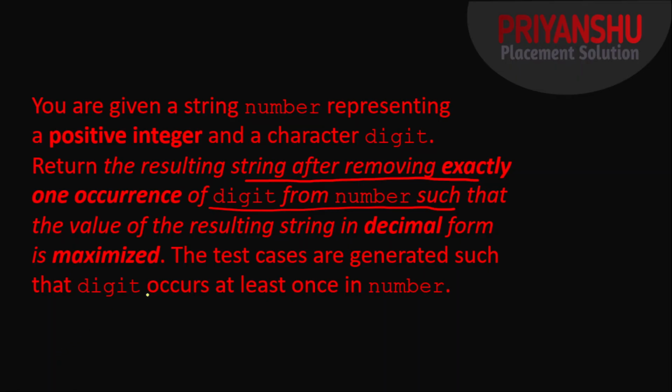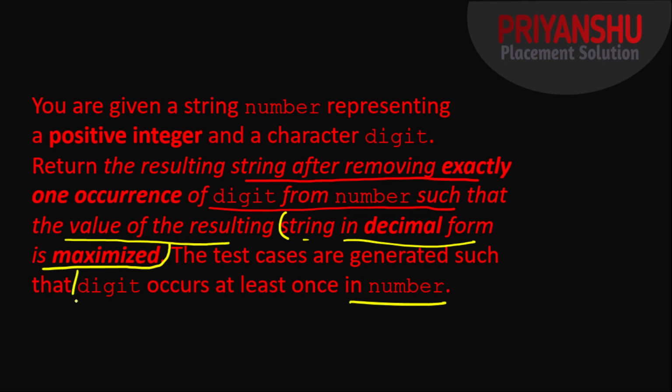In every question, you need to pick the main point. Here the important line is that the value of the resulting string in decimal form is maximized. The test cases are generated such that the digit occurs at least once in number.